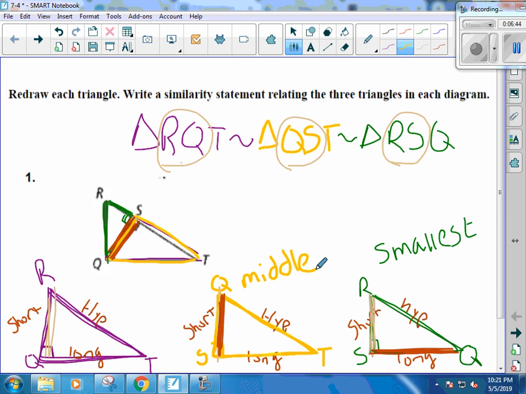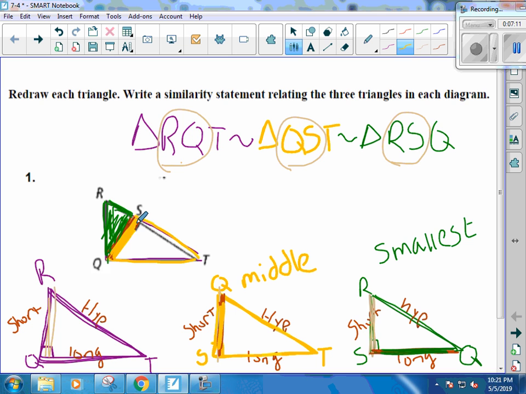One more time: the long leg of the smallest triangle, this upper triangle right here, matches with the shortest leg of this one. And that will really help cut back some of the work that's involved.